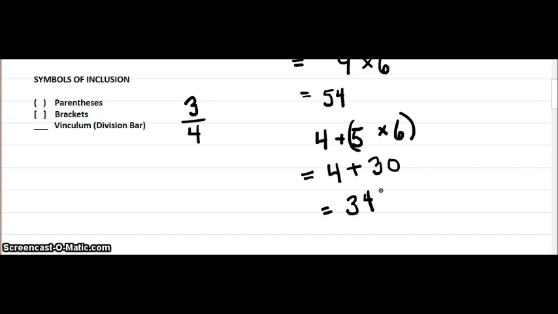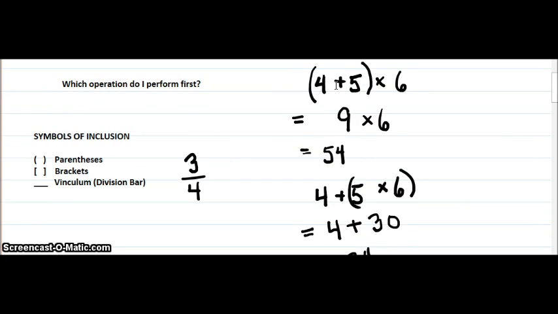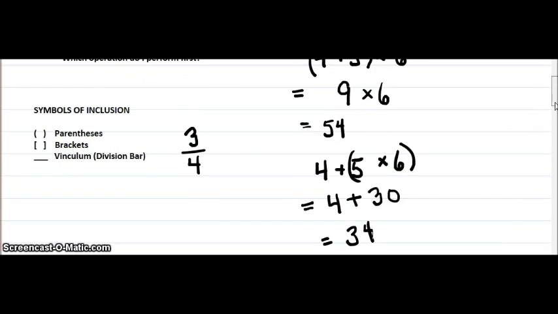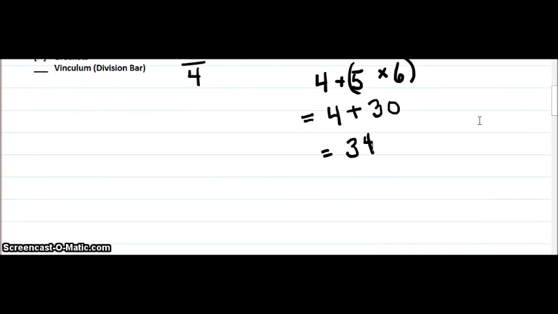But no matter where the symbols of inclusion are, whether they are in the front of the expression or in the back of the expression, or if you have a real long expression somewhere in the middle, no matter where they are, we begin evaluating our expression there within the symbols of inclusion.